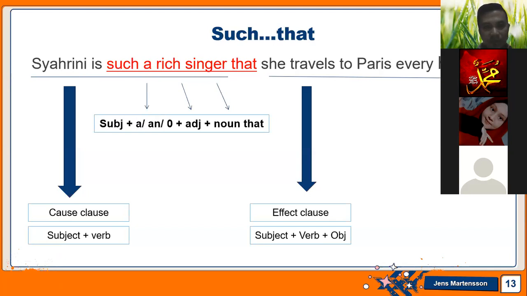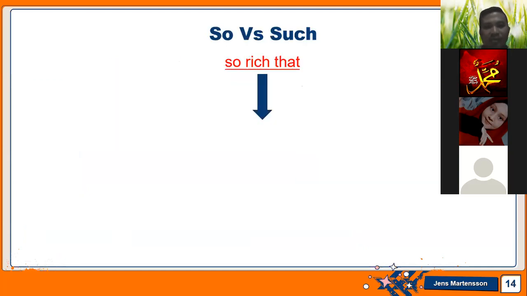Why? Because of the consonant, sir. Singer is countable or uncountable? Countable. She is such, and then a or an, and then adjective, and then noun, and then that. So versus such: so rich that, and then such a rich singer that.